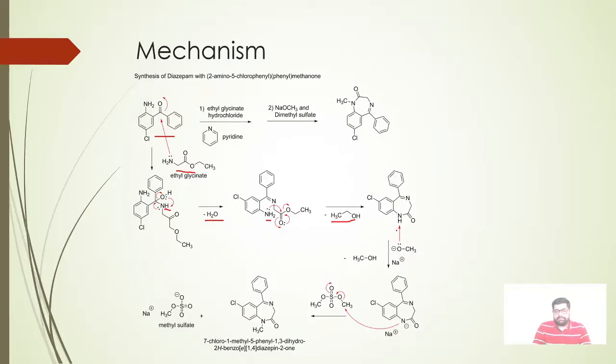Once we get this free NH, it is treated with sodium methoxide or sometimes sodium acetate to get the N minus over here, and this N minus will attack on the DMS, that is dimethyl sulfate, for the methylation. Once we get methylation, this 7-chloro 1-methyl 5-phenyl 1,3-dihydro 2H benzodiazepinone is our final product, and it is marketed as diazepam. So this is the synthesis of diazepam, and most of the time we use the same synthesis.